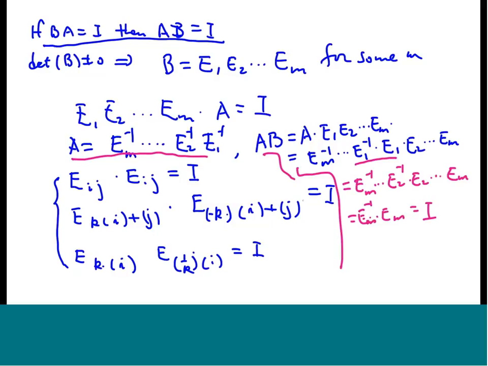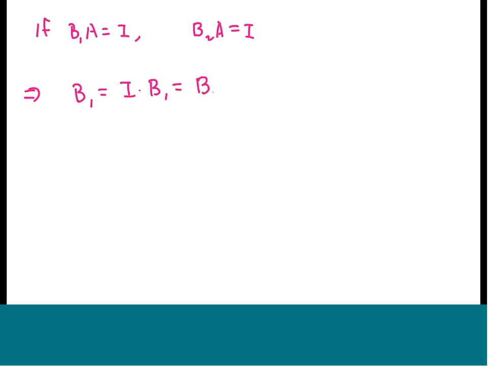Got it? The next thing is uniqueness. Now if B1 times A equals I, and B2 times A equals I, then we get B1 equals I times B1. But I is B2A, so you can write B2A times B1. One thing I didn't really tell you is that matrix multiplication satisfies the following thing.